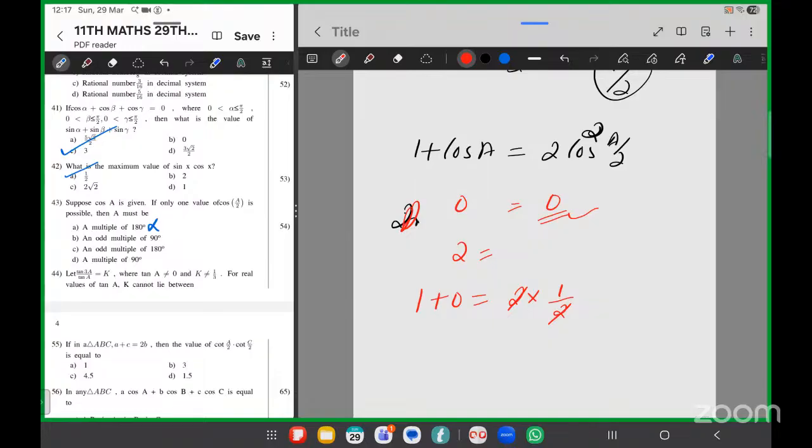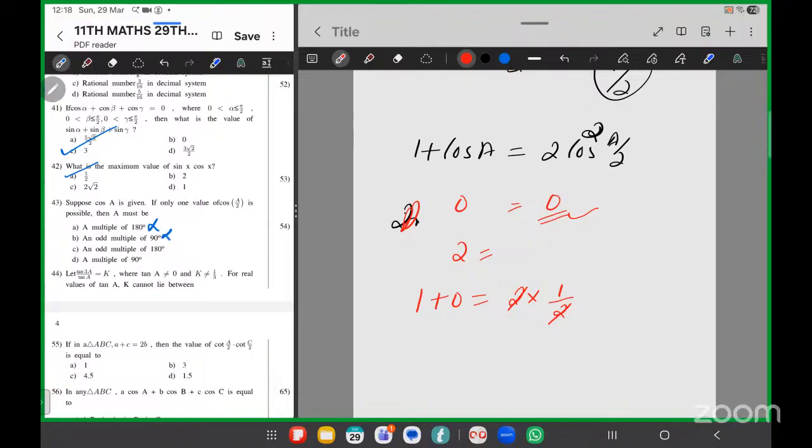The value of cos A by 2. If only one value is possible, it means it cannot be plus 1 or minus 1. Cos A by 2 can be 1 by root 2 or minus 1 by root 2. So this is also not possible.